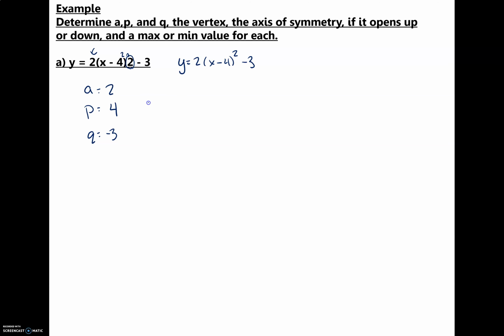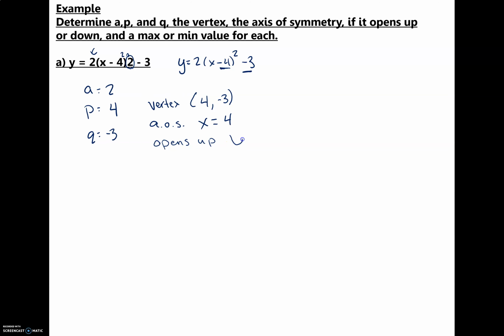All right, the vertex is our p value and our q value, but we have to make sure that our p value is the opposite. The axis of symmetry goes through the x value of the vertex. We have a graph that is positive, so it opens up.